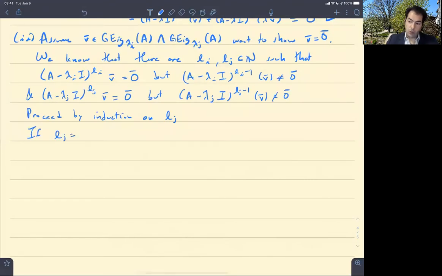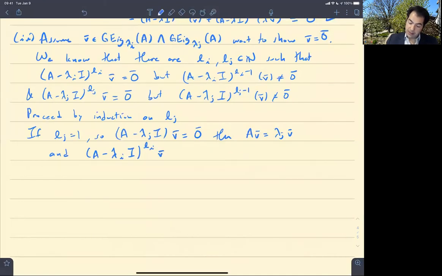So if Lj is equal to 1, so A minus lambda j times the identity applied to V is equal to 0, then A times V is equal to lambda j times V. And if you do (A minus lambda i times the identity) raised to the Li and apply that to V, then, well, A applied to V is lambda j times V. So this is the same as (lambda j minus lambda i) raised to the Li applied to V, and we know that this is equal to 0.